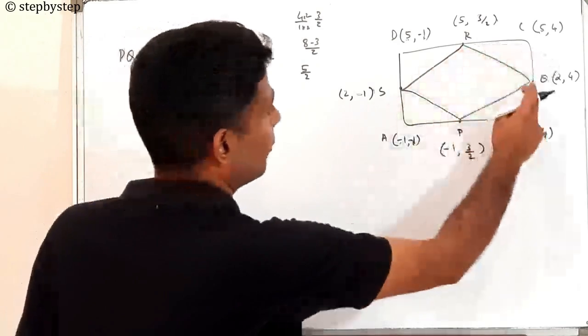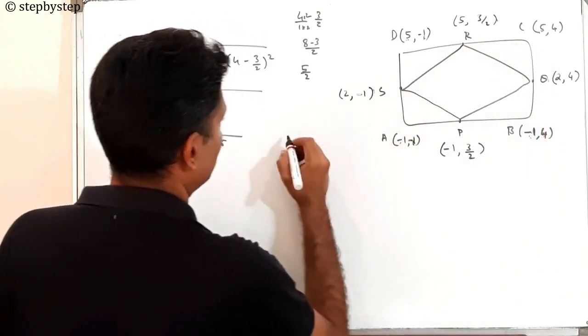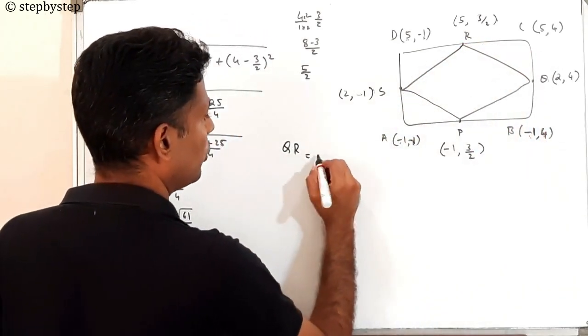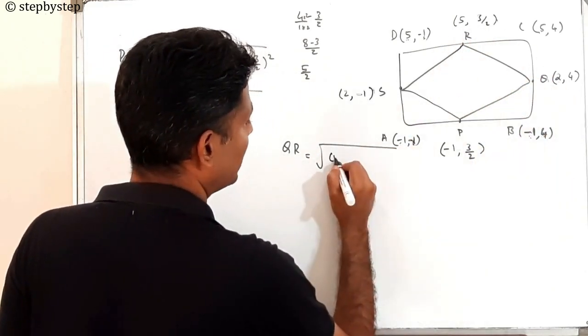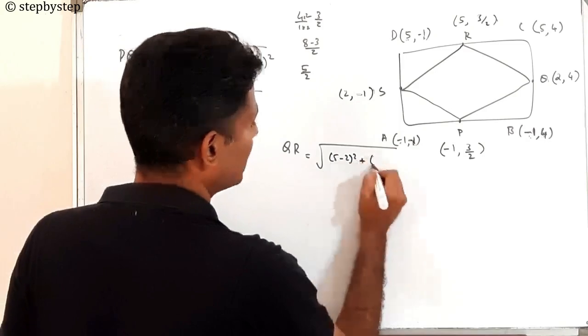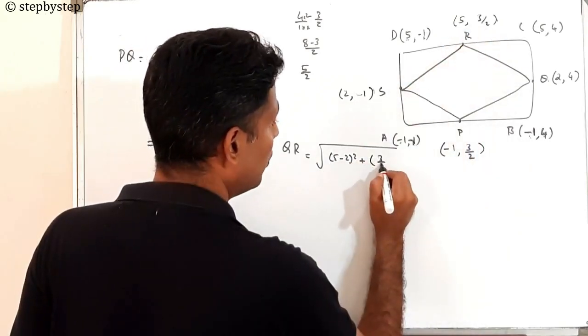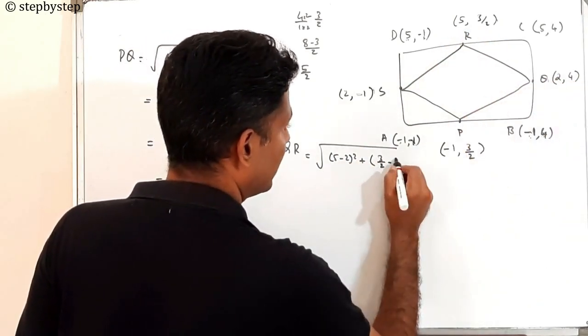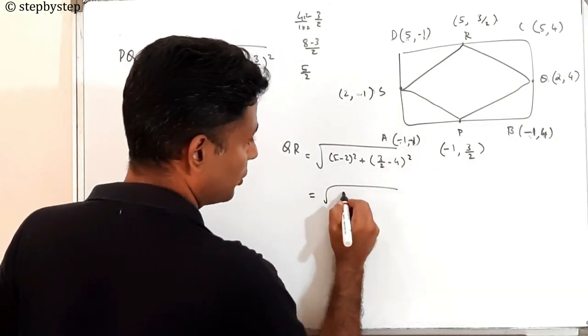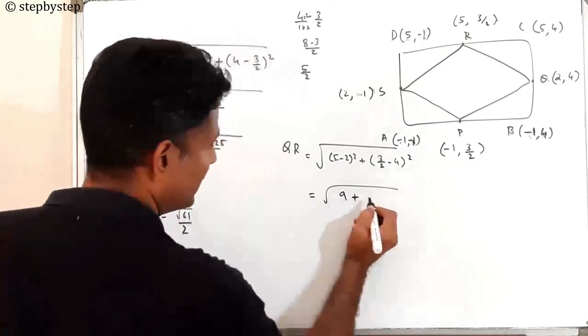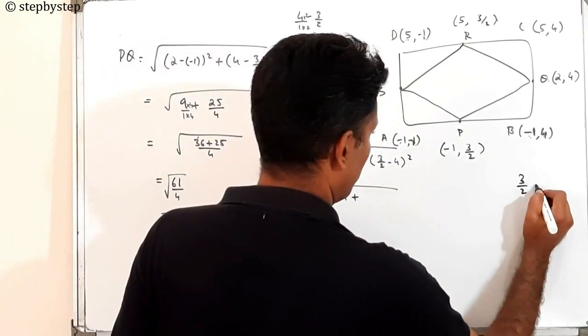Now we'll find QR. So QR equals the root of (x2 minus x1) whole square, so 5 minus 2 whole square, plus y2, that is 3 by 2, minus y1, that is 4, whole square. So again we get 5 minus 2, 3. 3 square is 9, plus 3 by 2 minus 4.